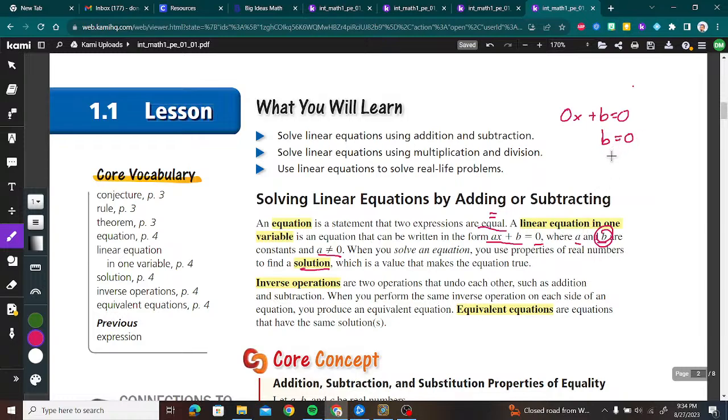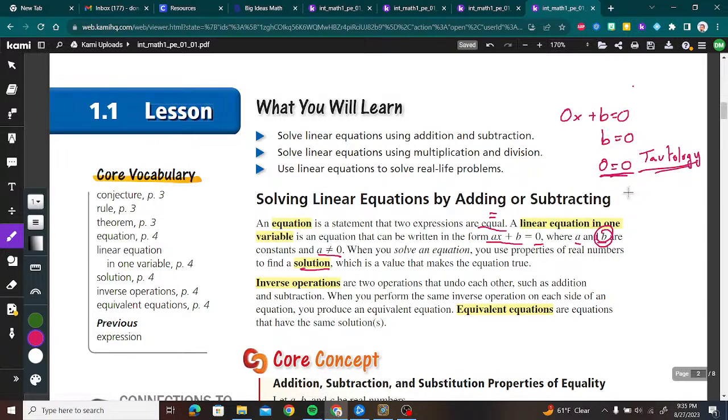You'd have a constant equals 0, and so if b equals 0, you've got something called a tautology, but it doesn't mean anything. It's just like, hey, 0 equals 0, and you're like, duh.